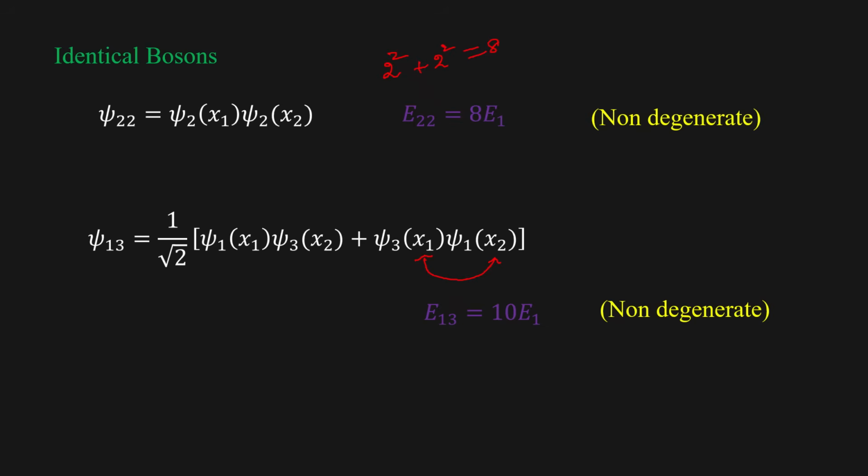So here we have 1 squared plus 3 squared is equal to 10. So you have E13 is equal to 10 times E1. This is non-degenerate because there is no difference between psi 13 and psi 31. You cannot distinguish between these two states.